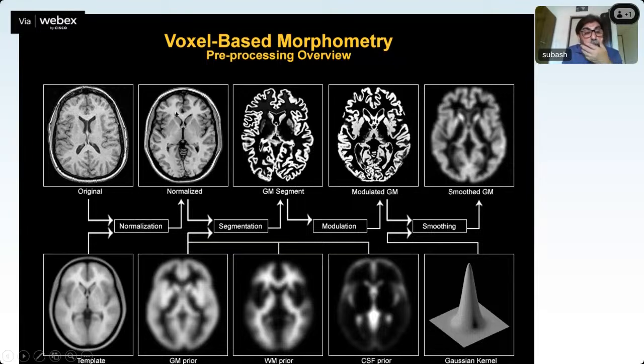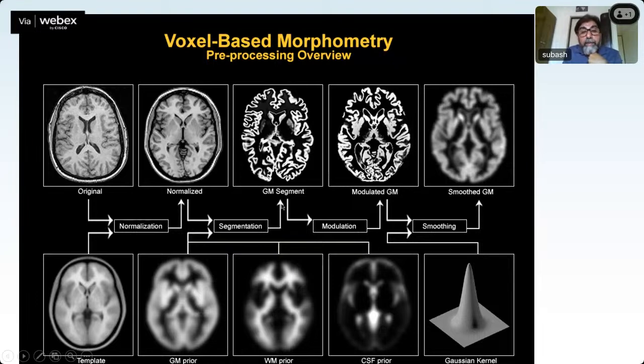After you have a normalized picture, then you send it for segmentation. You have a gray matter template, white matter template, and CSF template. Then you do this segmentation, and you get the gray matter segment, the modulated gray matter segment, and then the smoothed gray matter.